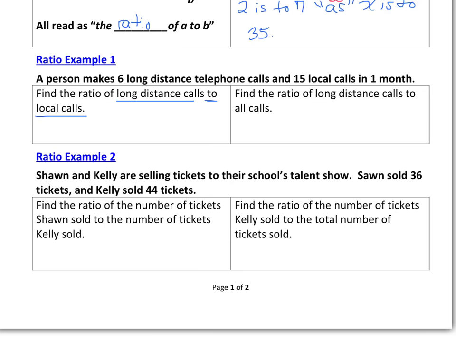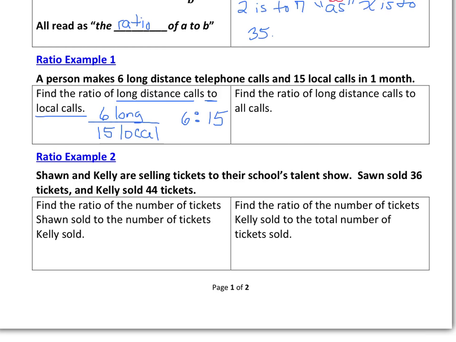That order is important, and the long-distance calls have to go in the numerator. So we've got 6 long-distance calls, and we would represent that with a fraction bar, and the local calls here is 15. So we would write 15 local in the denominator. Likewise, we can also write it 6 colon 15.